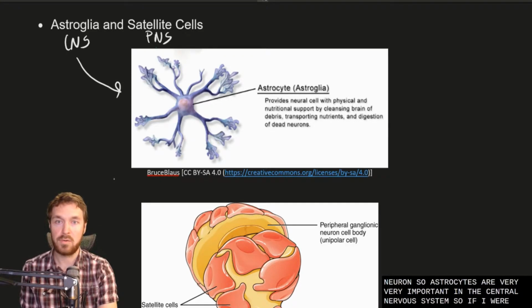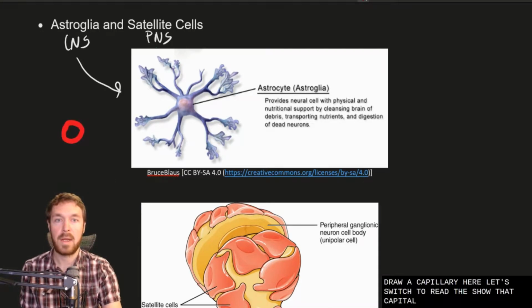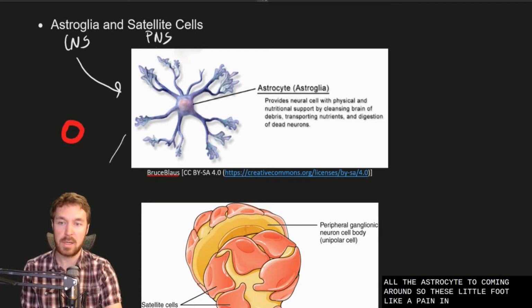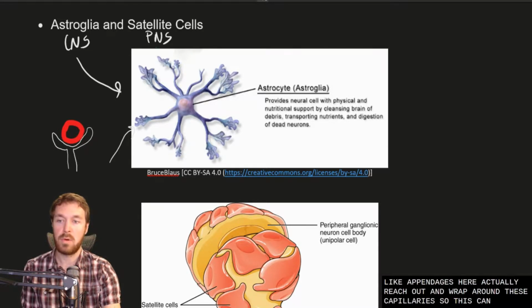If I were to draw a capillary here, let's switch to red to show that capillary, and now let's draw the astrocyte coming around. These little foot-like appendages actually reach out and wrap around these capillaries. So this controls what flows. Let's say there's another one wrapping around this side.